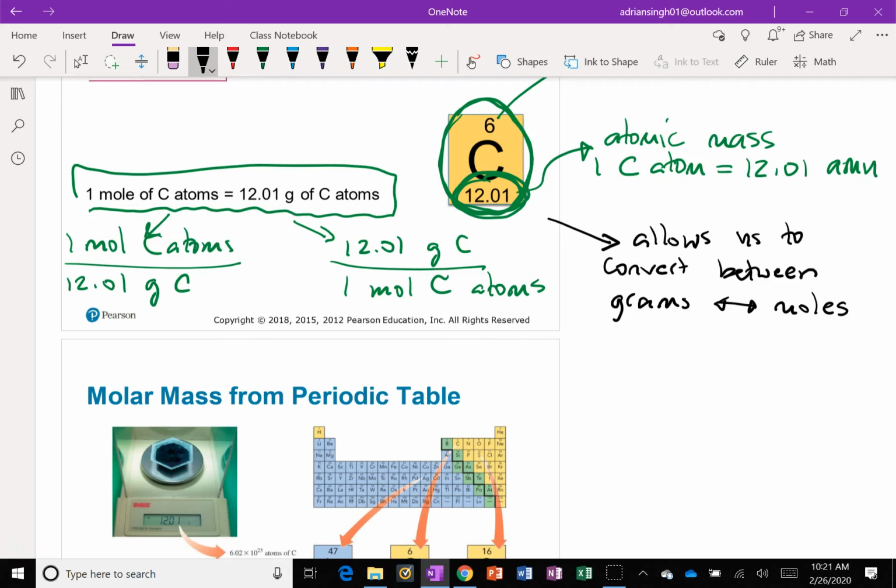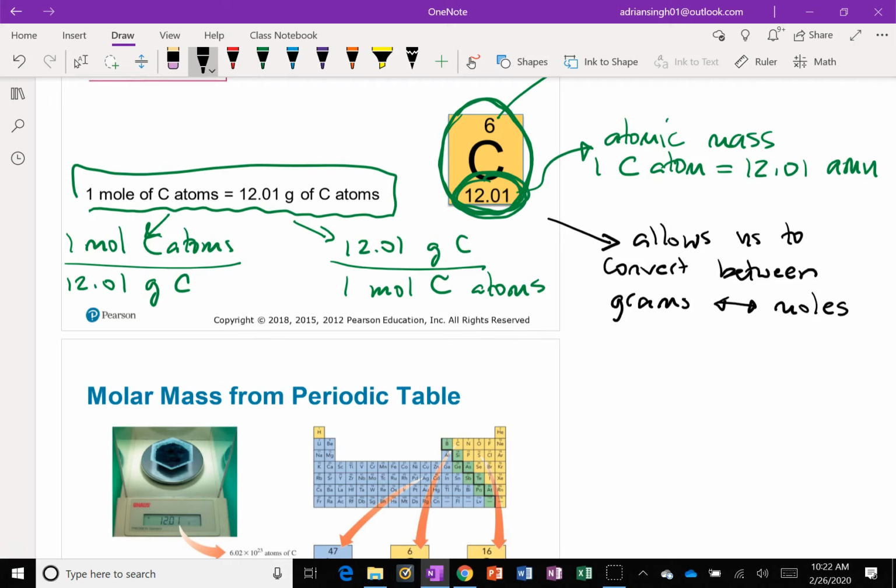Right? So now we can make that jump from this idea of the mole to the amounts that we work with in the laboratory, grams, milligrams, etc. The mass of 1 mole of anything, referred to as the molar mass, is always provided to you on the periodic table.